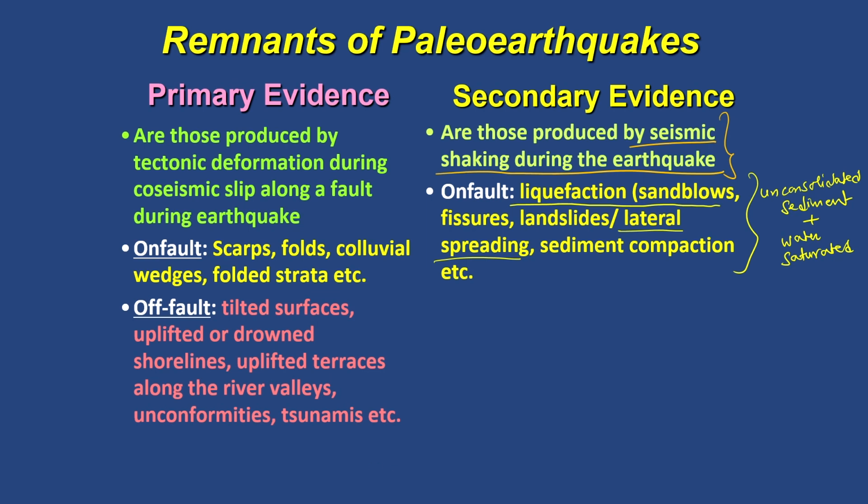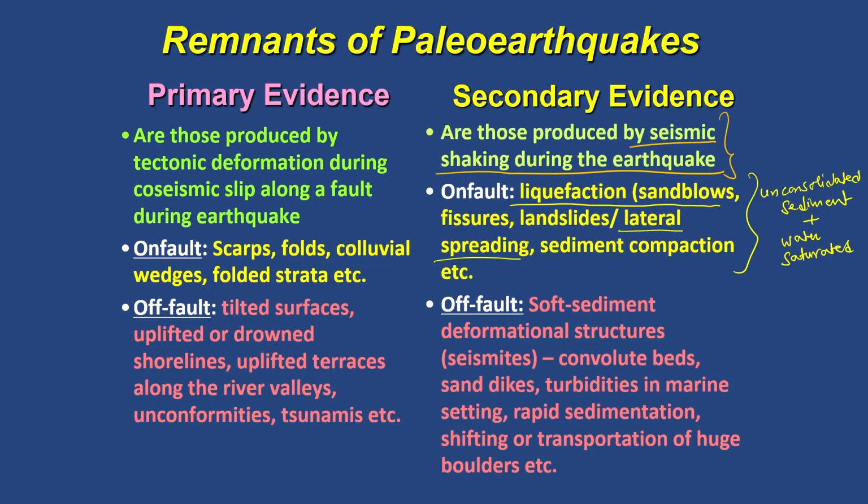I discussed this part in the very beginning, when we were looking at some evidence of the lateral spread produced by the 2001 Bhuj earthquake. Off fault, again, the soft sediment deformation, what we call seismites, is related to water saturated deposits.